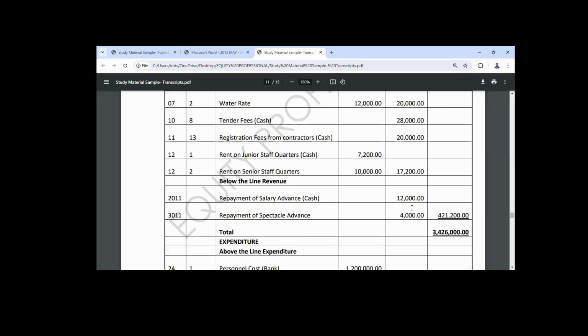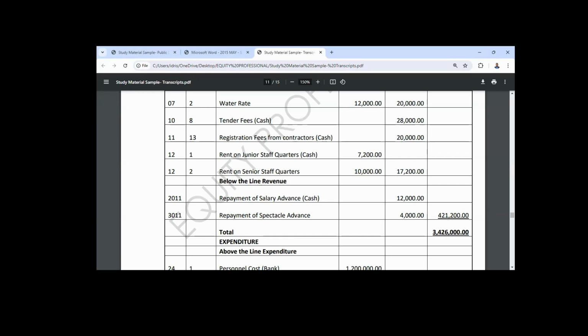We will add all of them together. When we add all of them together, it will give us 421,200. So this 421,200 will be posted in the total.